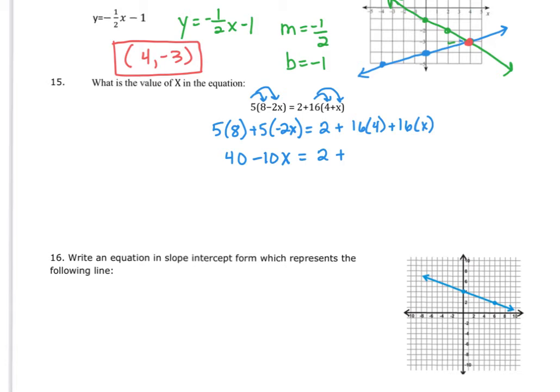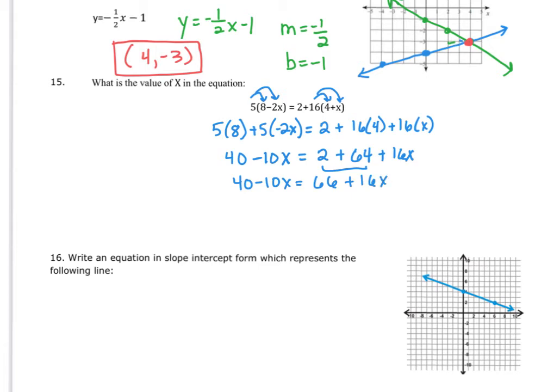Okay, so now before I start moving anything left or right on the equation, you should combine like terms. So over here I've got 40 minus 10x equals 2 plus 64 is 66 plus 16x.